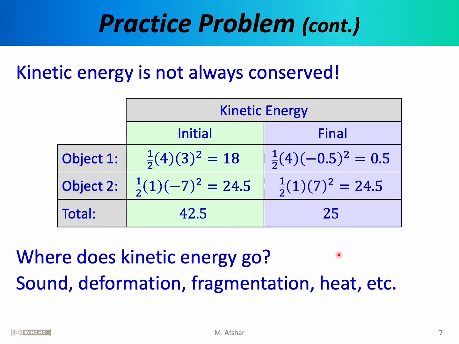We sometimes refer to that as thermal energy. So the kinetic energy can be converted to thermal energy as well. In many of the collisions that we'll consider in this class, you'll see that kinetic energy is lost to these other forms of energy. It doesn't always happen, but it will happen in at least some of the examples that we'll consider.